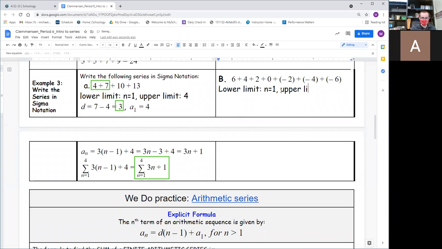What should my upper limit be? Let's see how many people in the chat can tell me what my upper limit is. So currently I have 1 for 1, 2 for 2. Who can tell me what my upper limit should be? Those of you in class, put on your hands how many I should have for my upper limit for B.